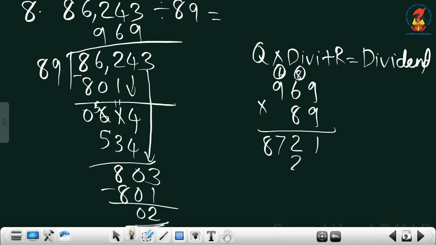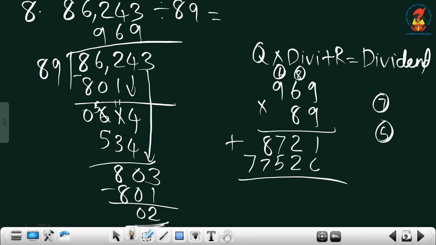8 nines are 72. That I need to write it here. Then 7. 8 6s are 48. 48 plus 7 is what? 55. Then 5. 9 8s are 72 plus 5. Okay. Then add, 1, 4. 86,241.